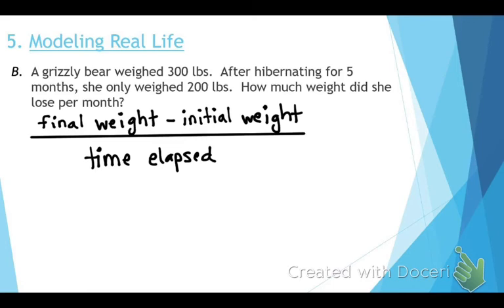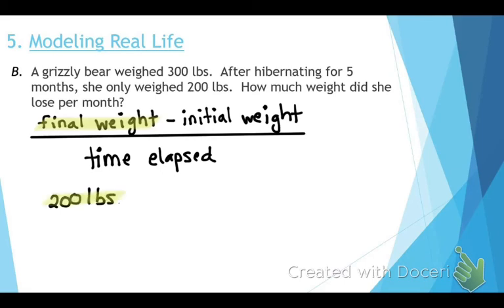Okay, you're making the substitution now. Help me as you guys are working through this. What was the grizzly bear's final weight, class? 200 pounds. Okay, so I'm going to go ahead and color code it.